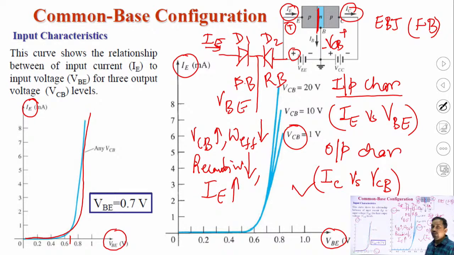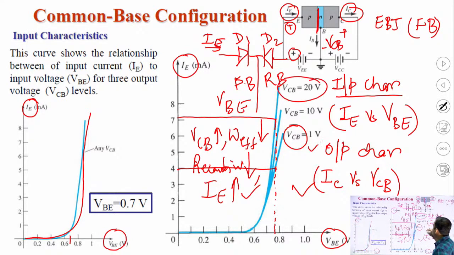IE naturally increases. So we can observe that for a specific value of VBE, the current increases for VCB equal to 1 volt and for VCB equal to 20 volt. Current increases. So this effect here is called the early effect. So we have seen the effect of varying the collector to base voltage on the input characteristics.